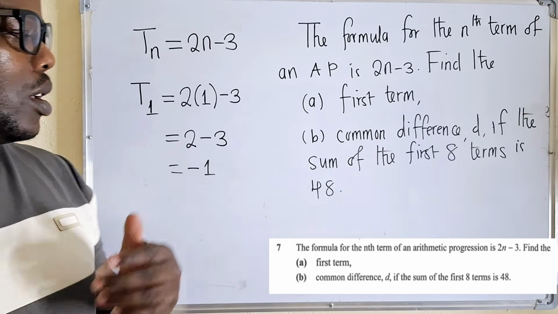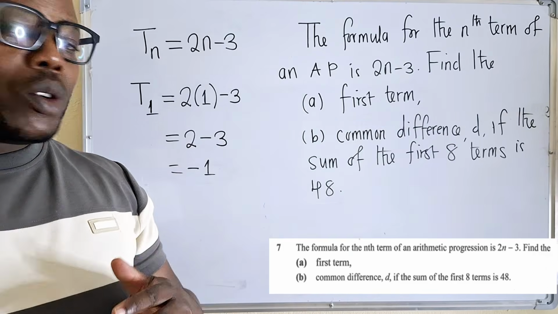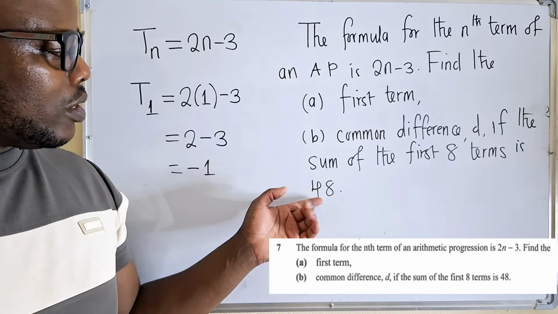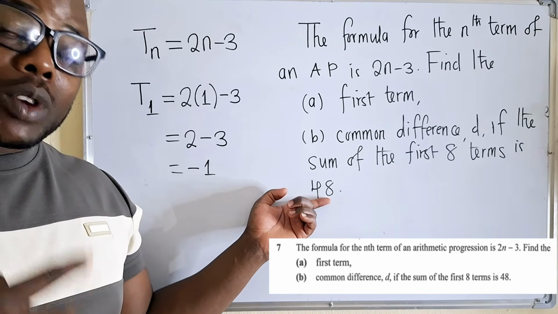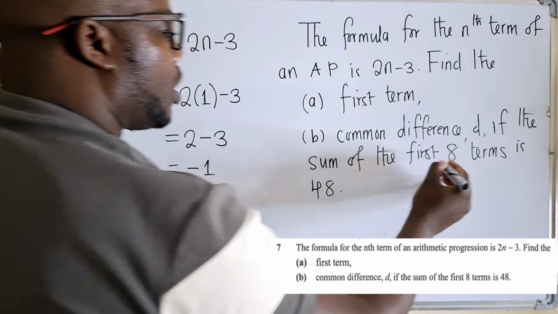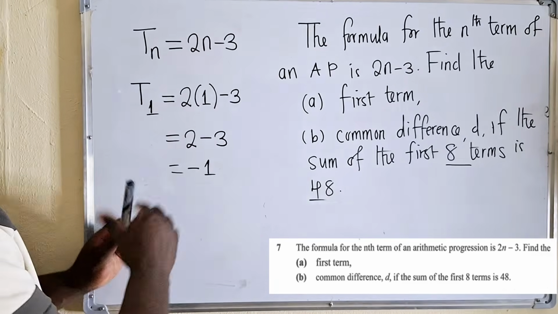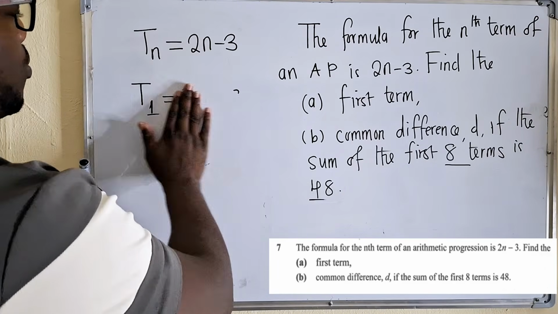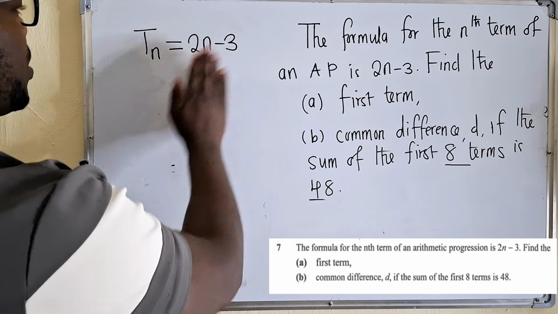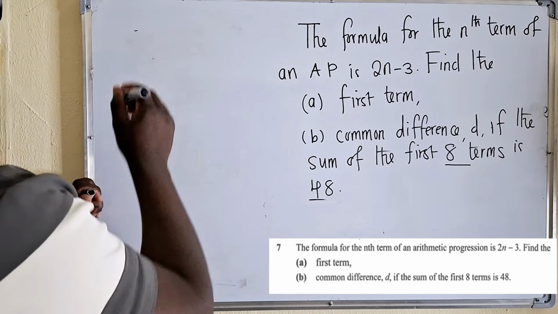Okay. So now let's find the common difference when we've been given the sum, which is 48, for the first 8 terms. So sum of the first 8 terms, which is 48. For this one, of course, without wasting our time, we're going to use the formula for sum.